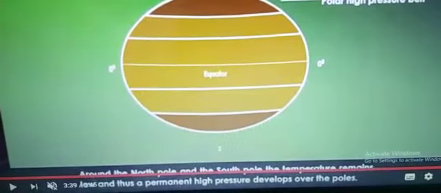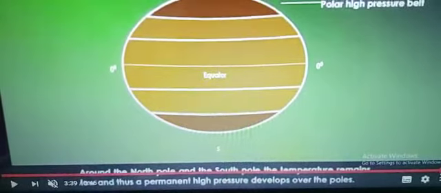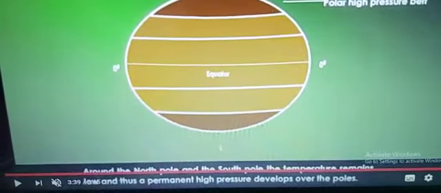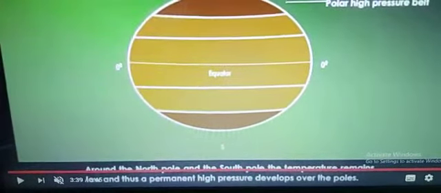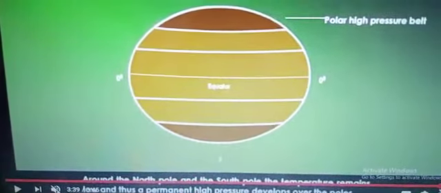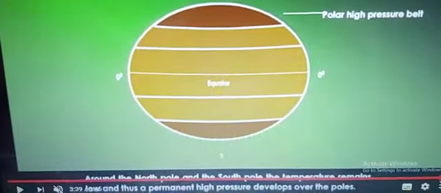January represents the winter season and July the summer season in the northern hemisphere, and the opposite conditions prevail in the southern hemisphere. Because the earth is not straight, it is rotating and also inclined.